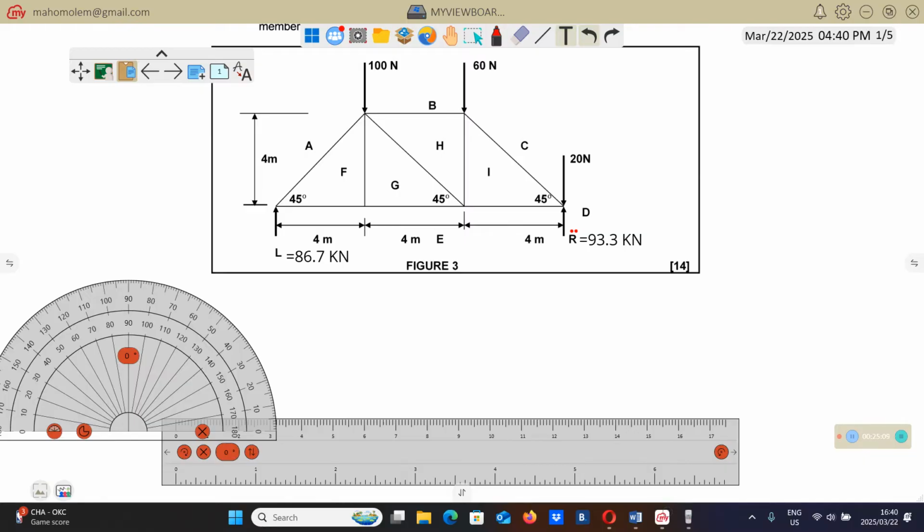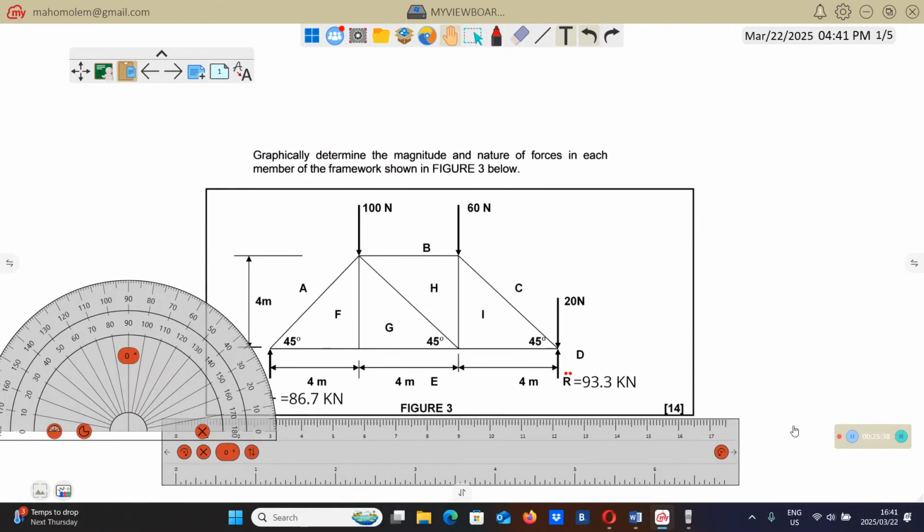The load of the tiles from this roof will be supported by these members, and they are not going to carry the same load. Maybe a certain member will carry 10 Newton, another one 5 Newton, and so forth. That's what we are trying to find now.